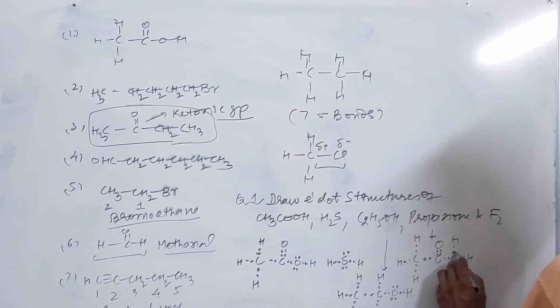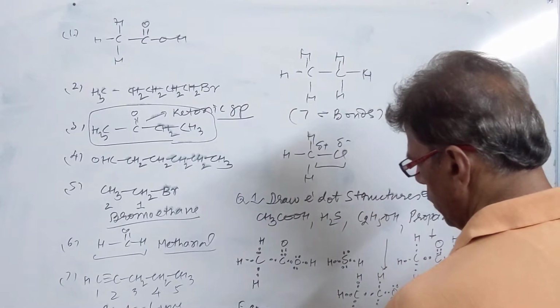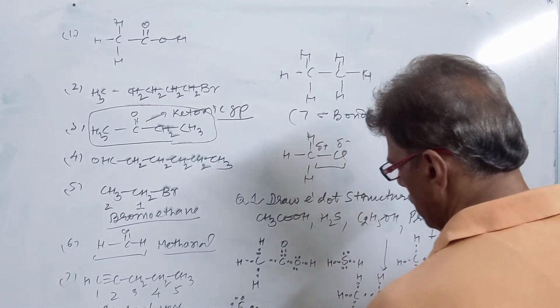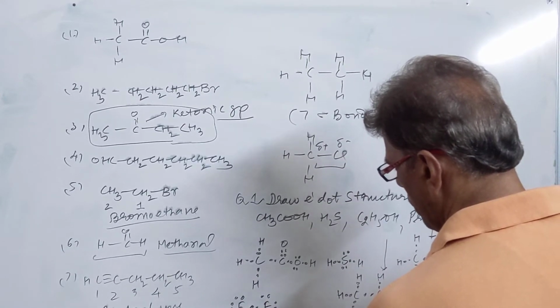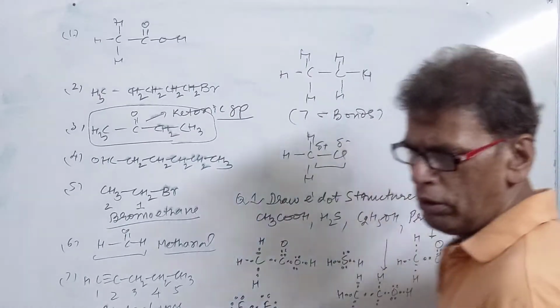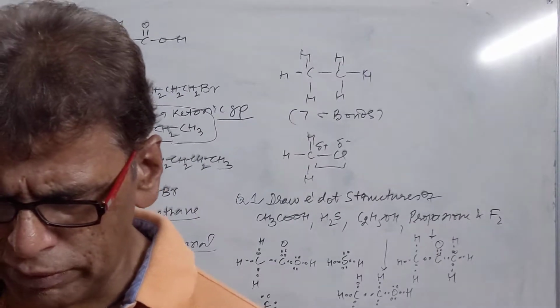This is propanol. Then we have F2 molecule. F2 has to share only 1 electron. It is having 3 lone pairs of electrons. They are present on each fluorine. So this is your F2 molecule. So these are the electron dot structures of the compounds which were given to us.